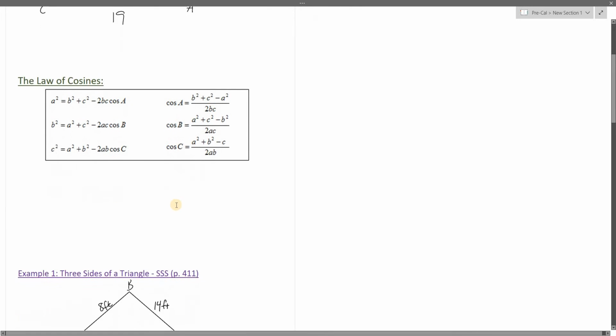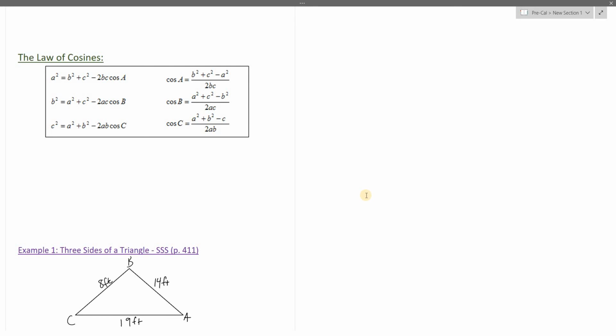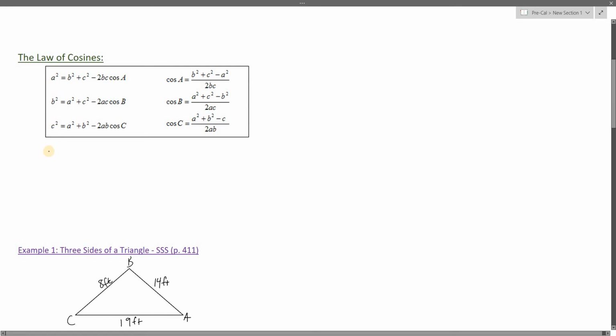So we're going to slide down here and look at it. Now, at first glance, just because there's letters everywhere, it is a scary looking one. My suggestion for you is to look at this bottom left one here, and I would memorize this one. The reason I would is that it's c squared equals a squared plus b squared. You've already memorized that. That is the Pythagorean theorem. It works for right triangles.